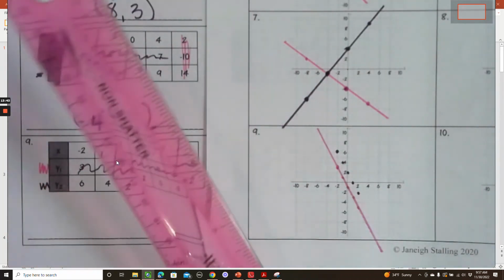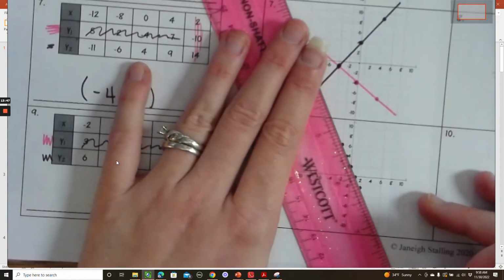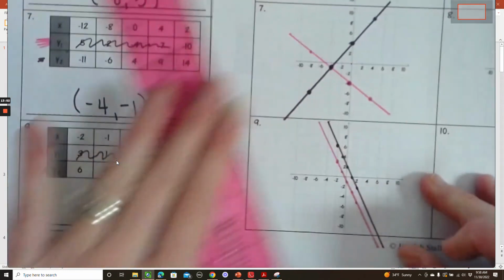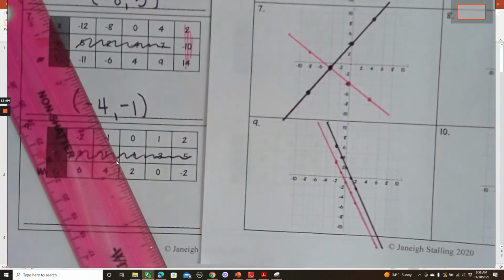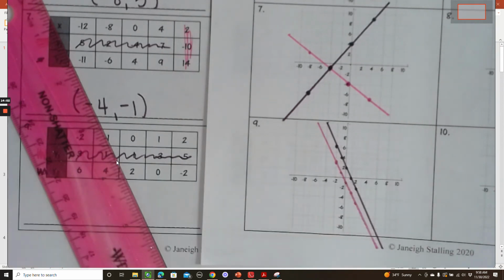Now those look almost parallel. What do you guys think? When I graph them, I'd say they're parallel. Your graph's going to be a little bit wonky. But if for the majority of what's on your actual graph paper, they stay parallel, most likely.